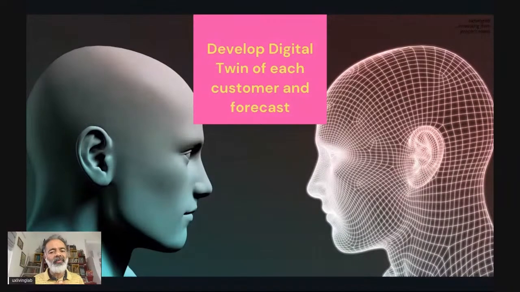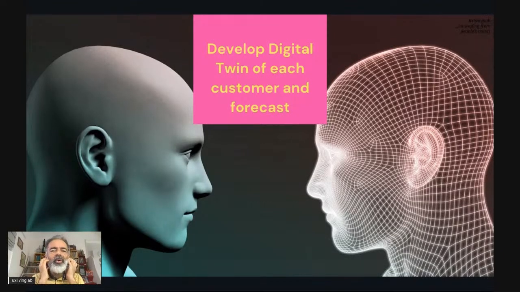Develop a digital twin of each customer and forecast what is going to happen for teens next week in Delhi for consuming ice creams. Or whether the weather will cause any issues, or think about a lot of factors that will affect it. So that is one of the beautiful ways of maintaining customer records as well as customer relationships, because that customer is in front of you in your office in digital form.